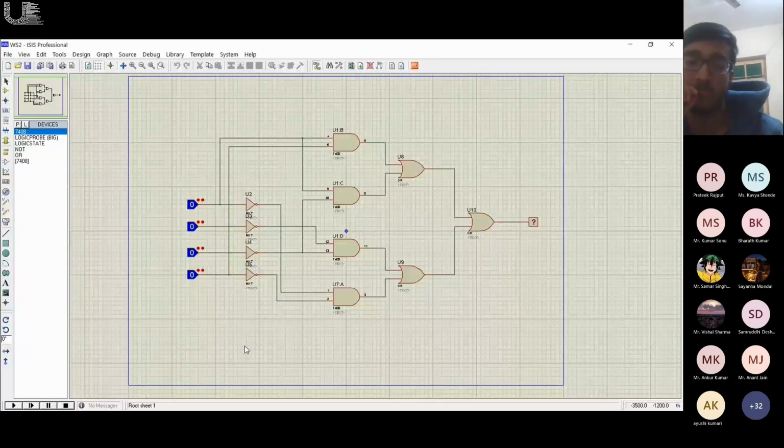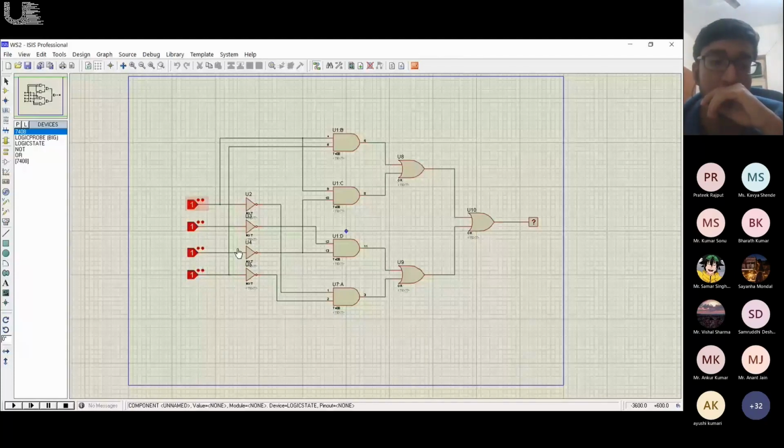Yeah, the left one, the one having the most amount of weight. That is the most significant bit. And the rightmost bit you have in the binary number, that is the least significant bit, which contributes the least to the number. So here the MSB, the one on the bottom, I've taken to be A. And it goes A, B, C, D. Cool.